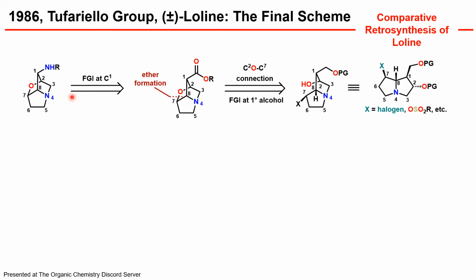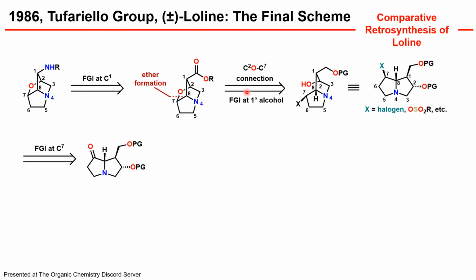And so now they open it to something like this. And they also oxidize this primary alcohol to the ester somewhere in the middle of this. So you have to realize when you're doing retrosynthesis, things like the exact functional group you're working with can be more fluid, right?